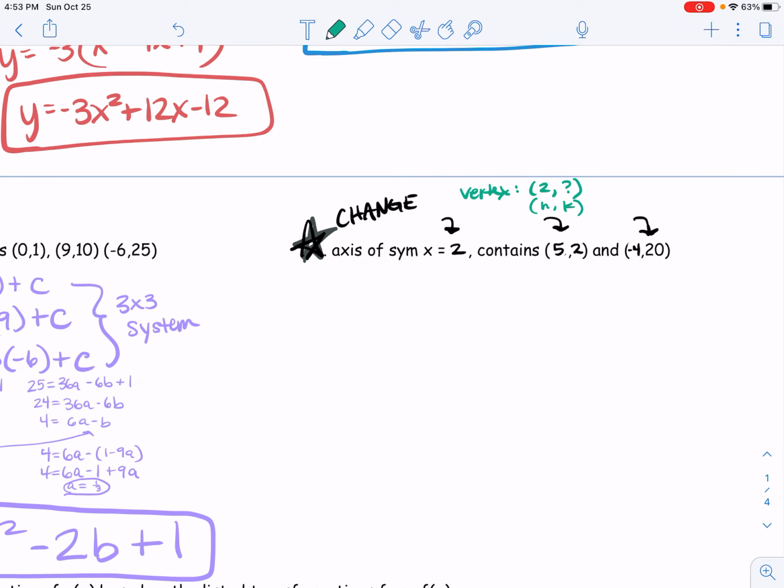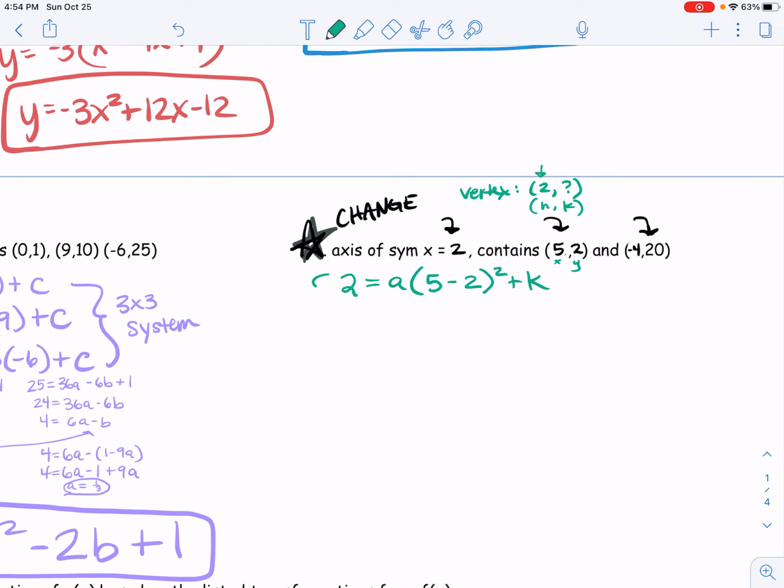So I'm going to plug it into vertex form, which we know is y equals a times x minus h squared plus k. So let's use this first point, 5, 2. Y equals a times x minus h squared plus k. X, y, and then h up here.